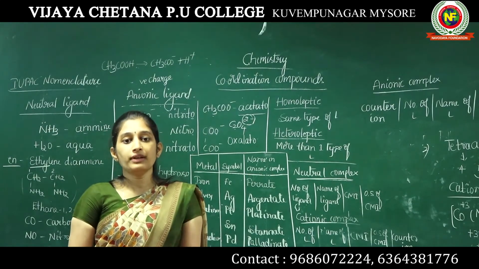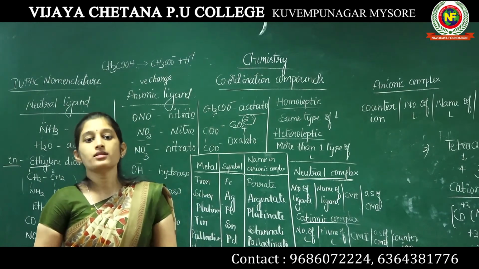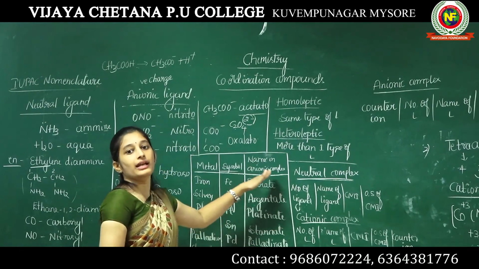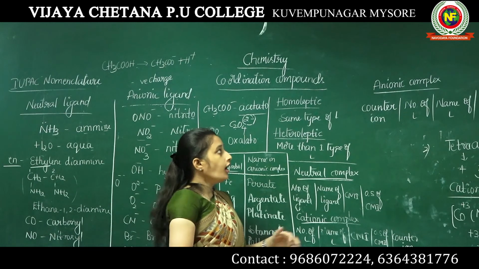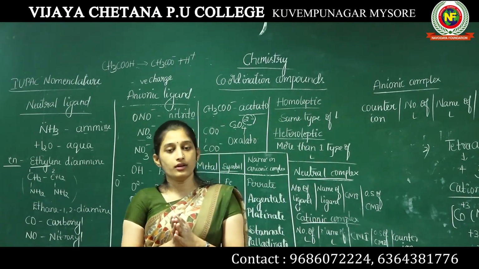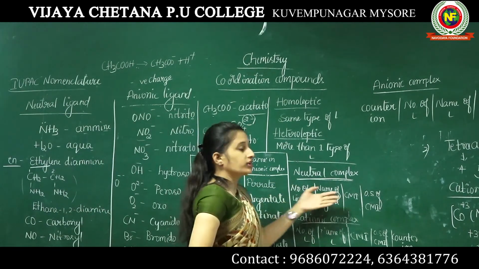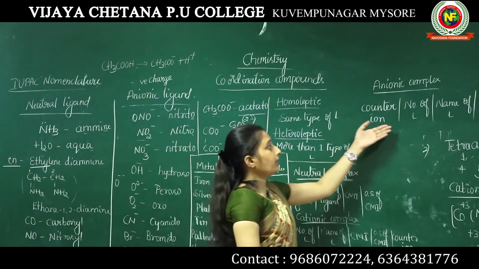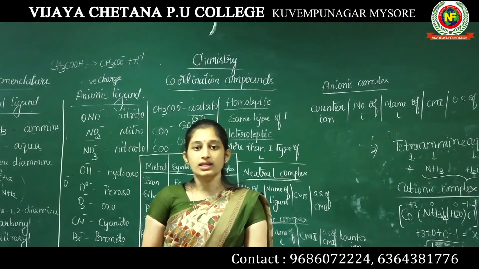It donates the lone pair of electrons towards the electron deficient metal atom. The metal atom name in the anionic complex is a little bit different, it ends with ATE. After that, you should know homoleptic complex and heteroleptic complex. Then for neutral complex, what rules we should follow, cationic means how, anionic means how. Once you practice, it's too easy.